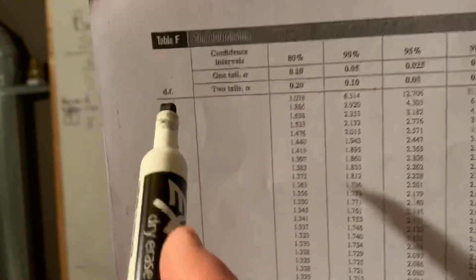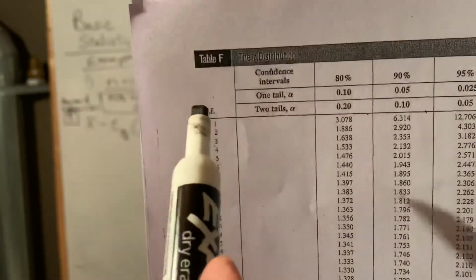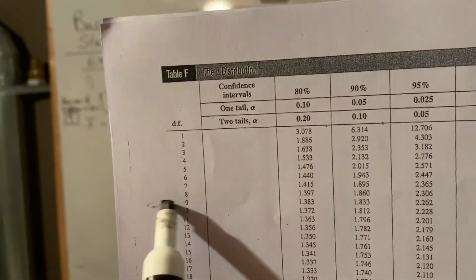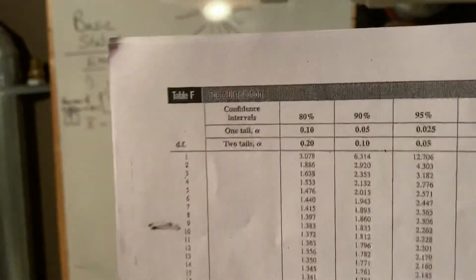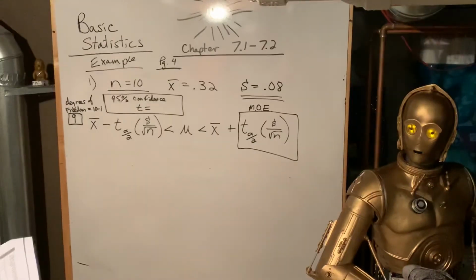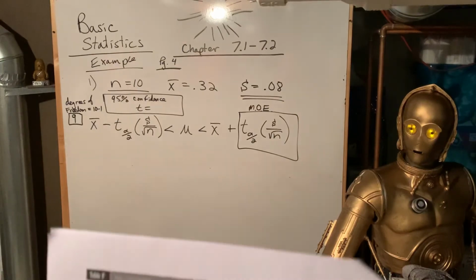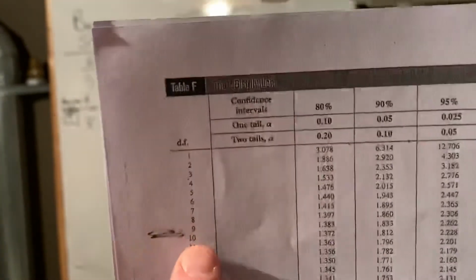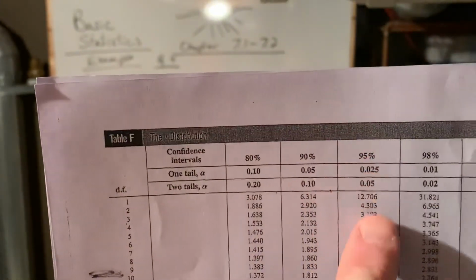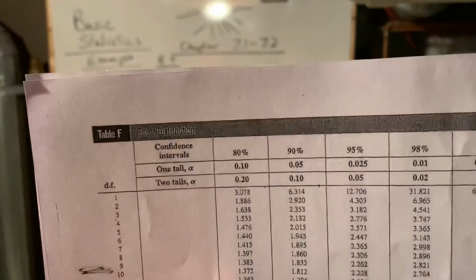We look at degrees of freedom, df, and don't go to 10, we go to 9, because 10 minus 1 is 9. When there's one variable, you do minus 1, and that's what we're going to be working with. So now follow that over to 95% and 9.